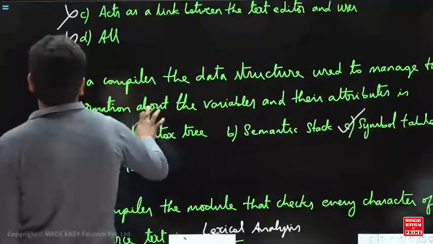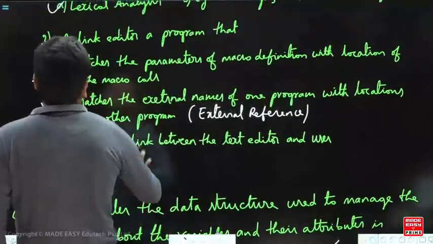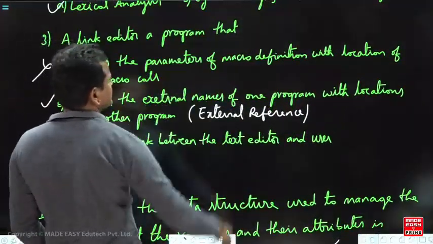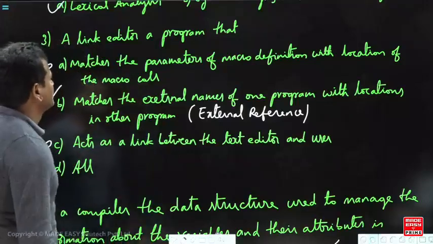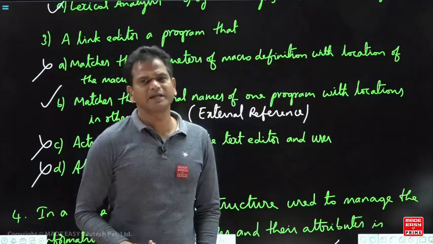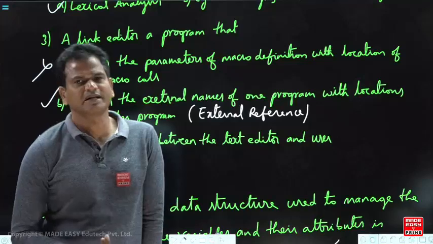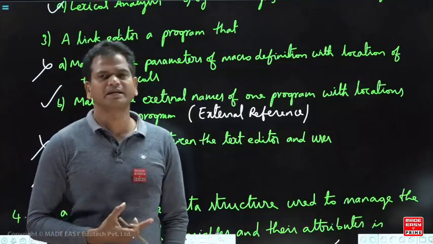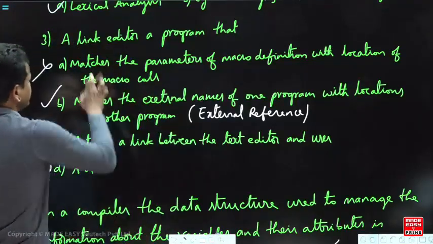Why are you asking about the question that matches the parameters of macro definition with locations of macro call? So this is done by what? Preprocessing. Macro expansion will be done by preprocessing, not by link editing. Link editor is called linker.